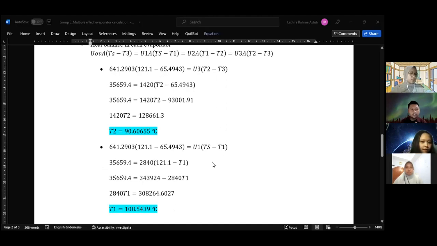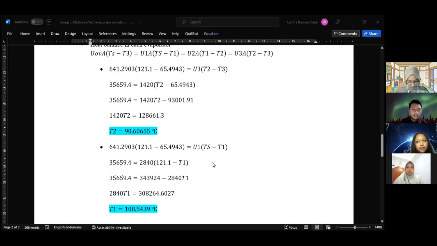Okay, thank you. So next, to find the boiling point in the first evaporator, or T1, we use the heat balance equation described earlier. But we use the first equation and only the second equation, which contains T1. So we use the equation of U overall times area times the steam temperature minus the third temperature equals U1 times the area times the steam temperature minus the first evaporator temperature.